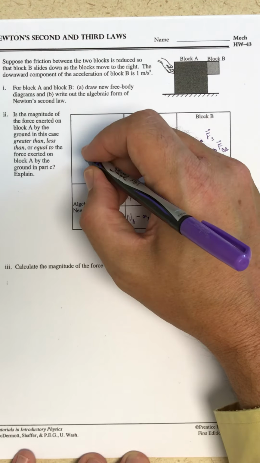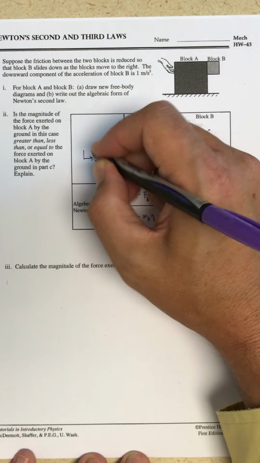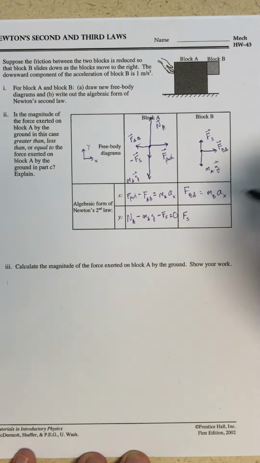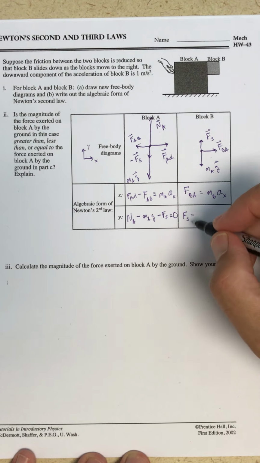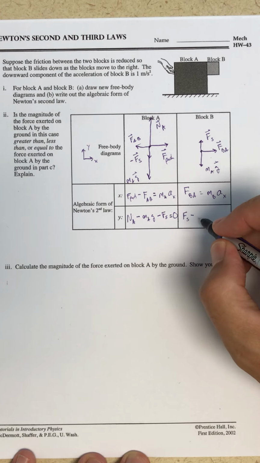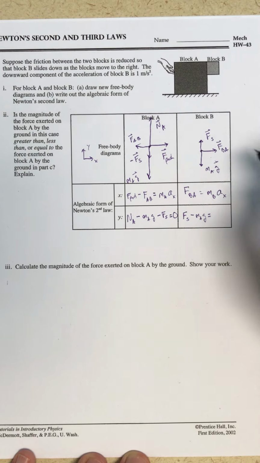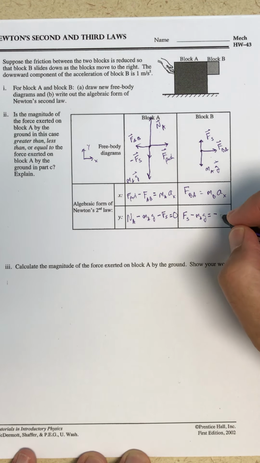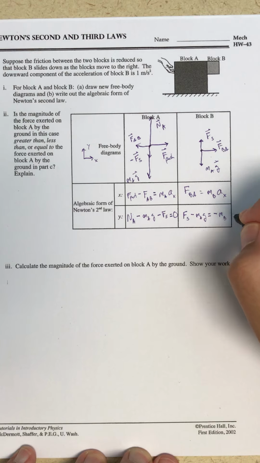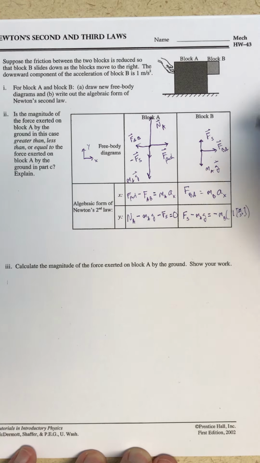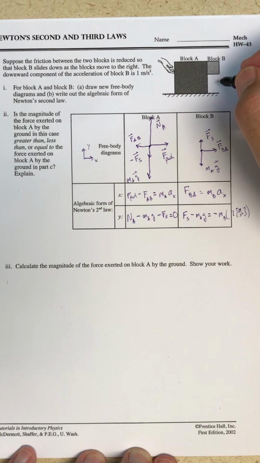Weight, try to be more careful, x to the right, y up. Force of static friction up minus weight down. And I'm going to have an acceleration down. So it's going to be minus mass of block B, and then we know that is 1 meter per second squared, as block B is falling down.